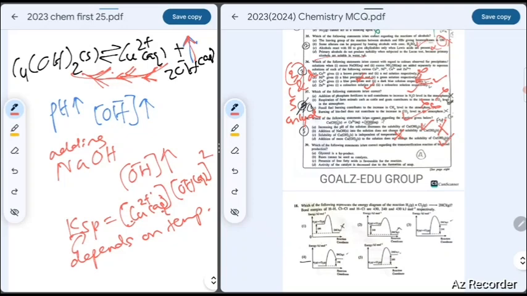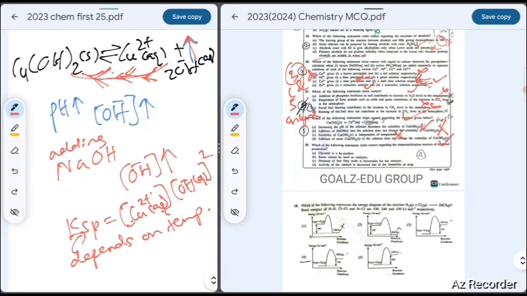Therefore, even if we add more Cu(OH)2 solid, it will not affect the solubility. It does not change the solubility of Cu(OH)2.